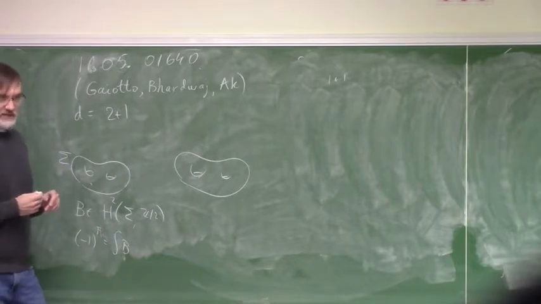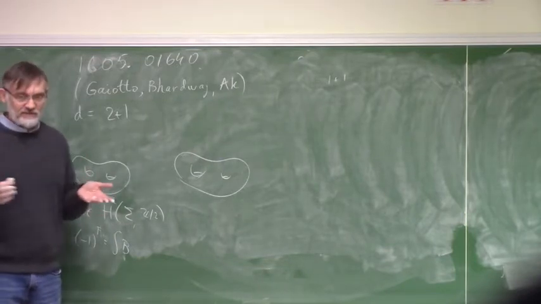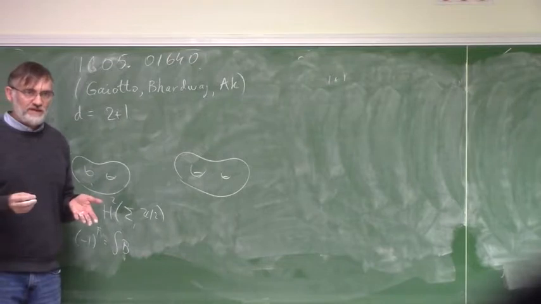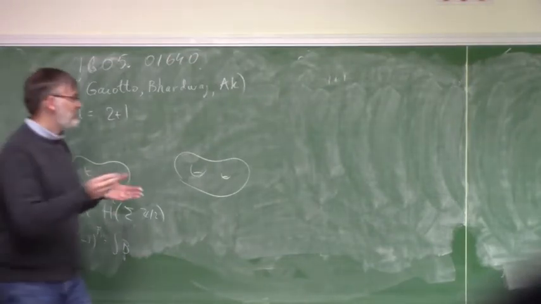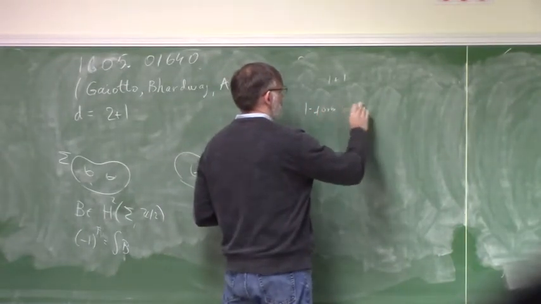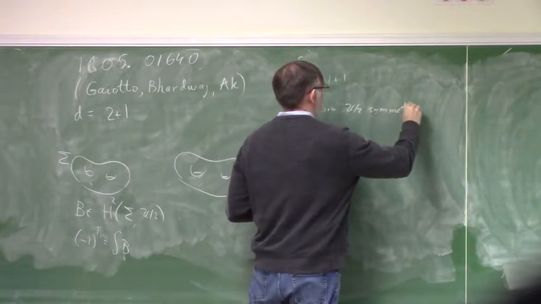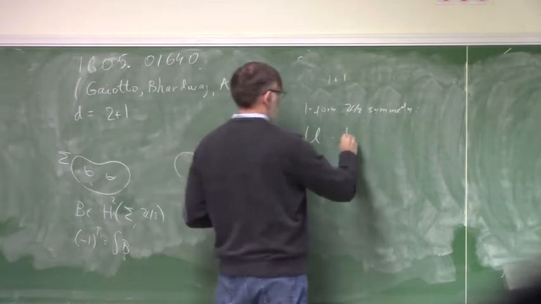The general statement is that anomalies in any symmetry typically lead to the projective action of the symmetry on the Hilbert space. Suppose we don't have an anomaly. Then what is the one-form Z2 symmetry? It acts by some unitary operator on the Hilbert space.